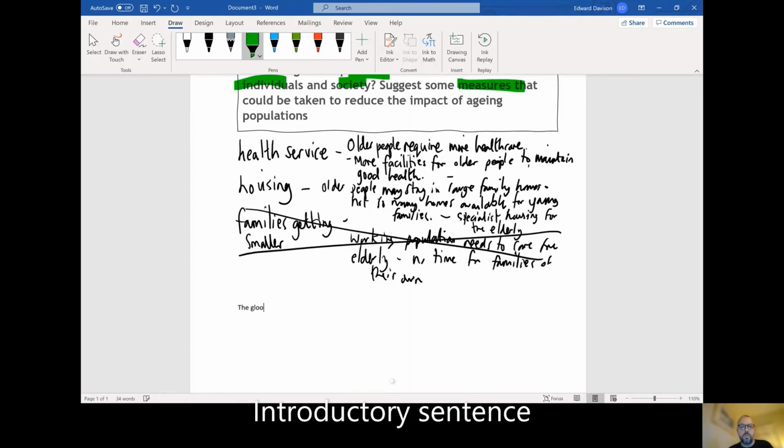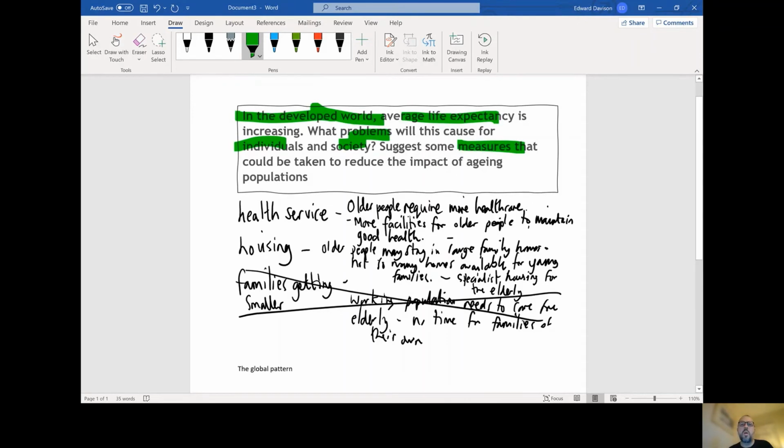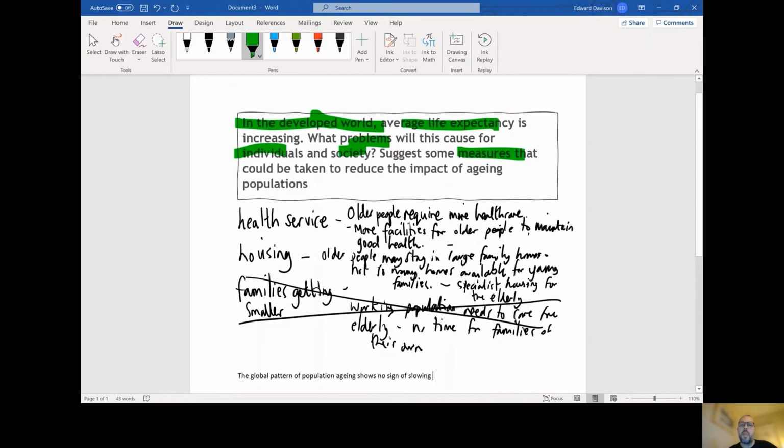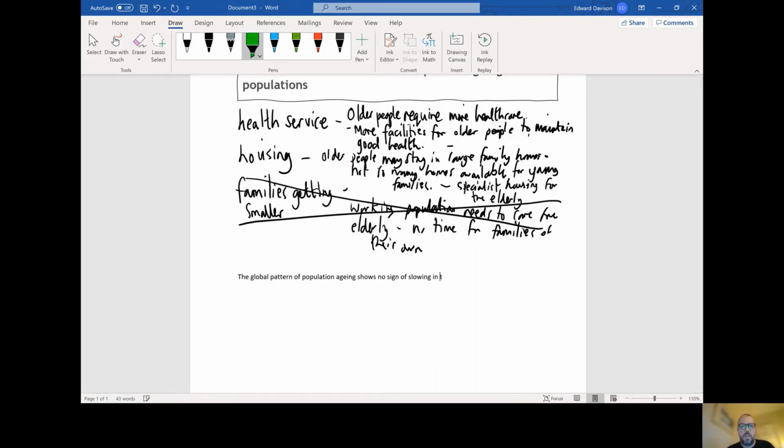The global pattern of population aging shows no sign of slowing in the developed world in the modern age.